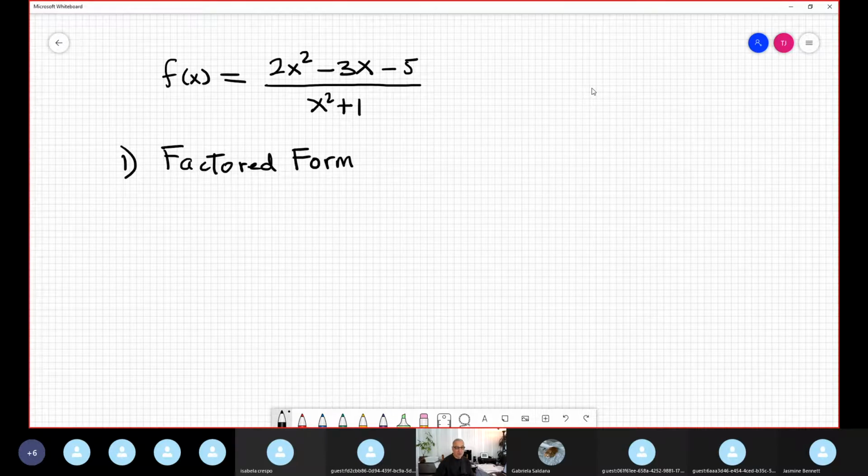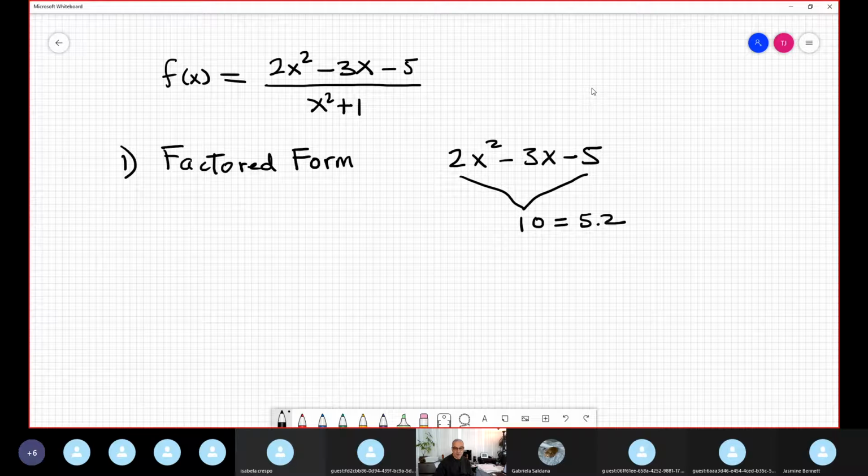Well, those are factorizations. The factorization of the polynomial in the top, and the factorization of the polynomial in the bottom. When we start with the top, the multiplication is 10, and the combination is obviously 5 times 2, because 5 times 2 is 10, and 5 minus 2 is 3.